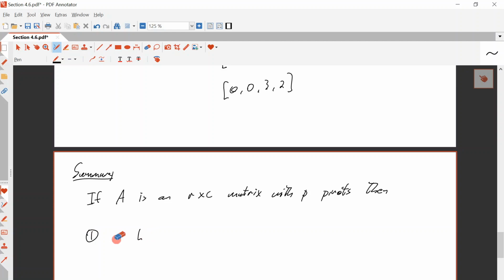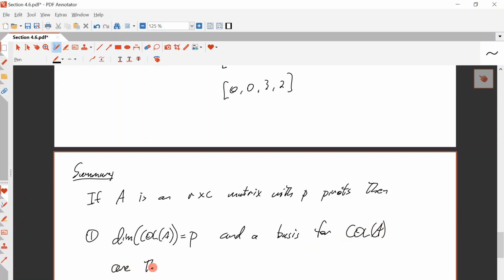The dimension of the column space of A is equal to P, and a basis for the column space of A are the pivot columns of A, not B, of A.